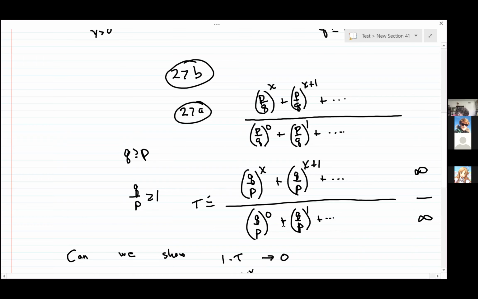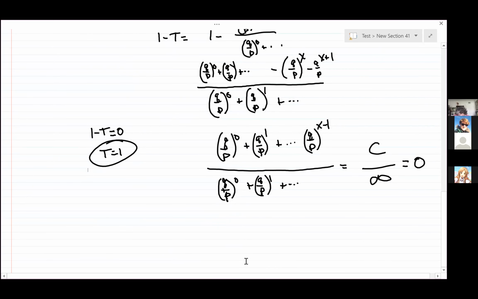Converge. So we can't use 26b to do 26a. So what can we use? Can we use 26a to do 27a? Let's see. If the sum of the gammas goes to infinity, then rho x0 equals 1. Yes. So it's even easier.